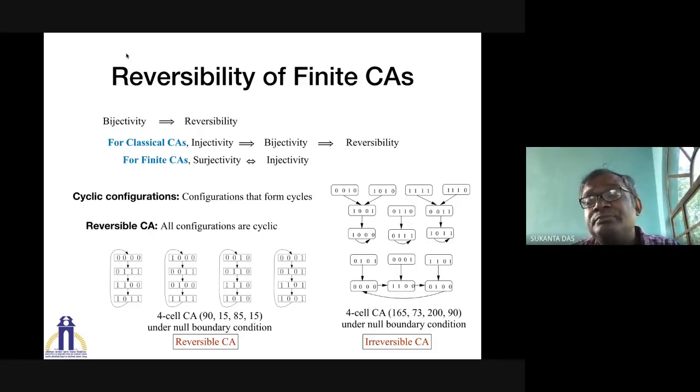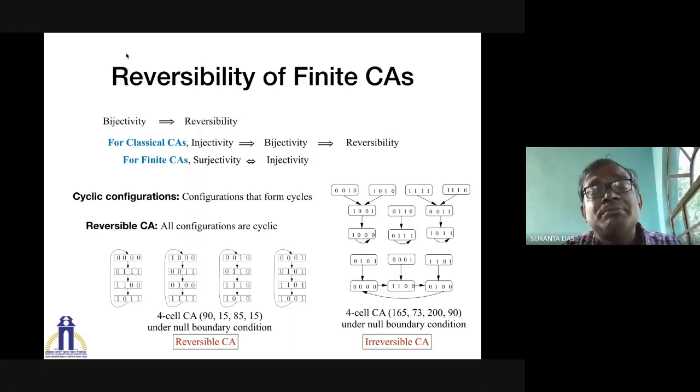In the configurations there is many-to-one mapping, and there are some configurations having no predecessor. These are called non-reachable configurations, which we defined in the last class.